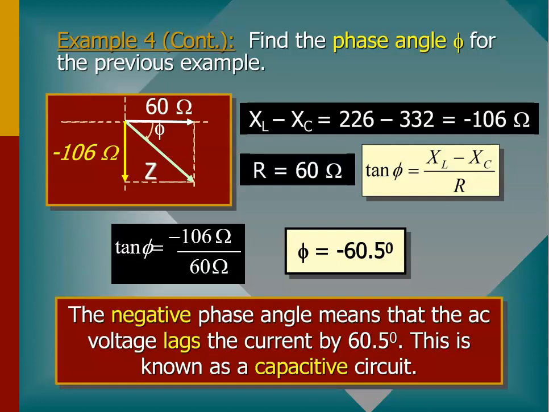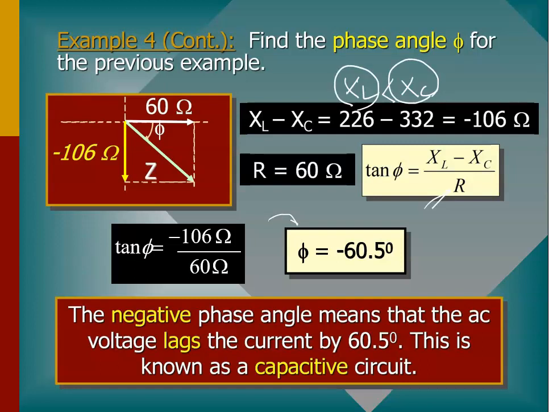By substituting everything into this, I will get the value of theta equal to negative 60.5. As you can see over here, the value of XC was bigger than XL, even though we know that XC always lags behind. But in this particular question, XC actually has a bigger number than XL.